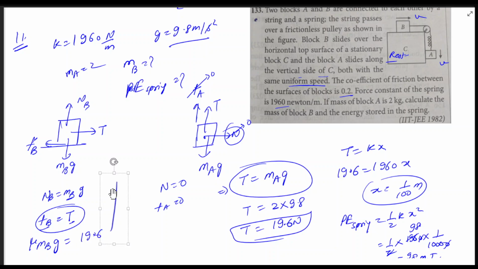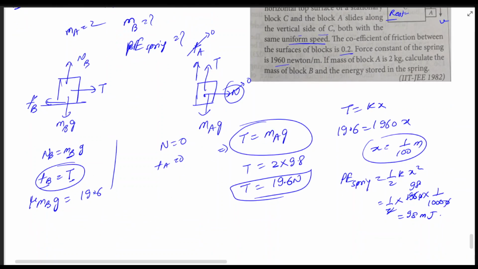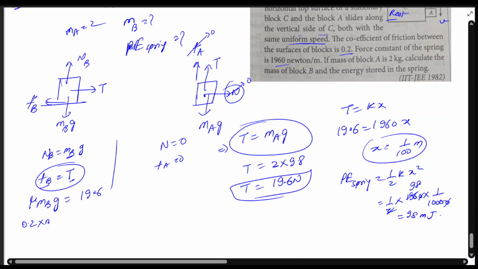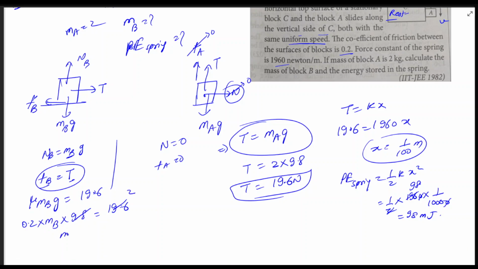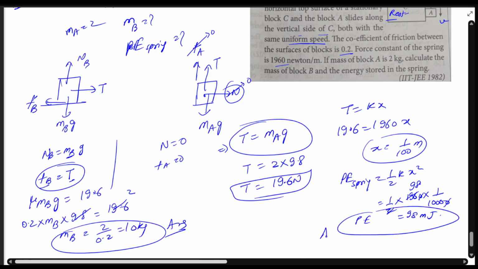So we have mu is 0.2, right? 0.2 MB into 9.8 equal to 19.6. So this will be 2. So MB will be 2 upon 0.2. So it will be 10 kg. This will be the answer. And here potential energy will be this answer.